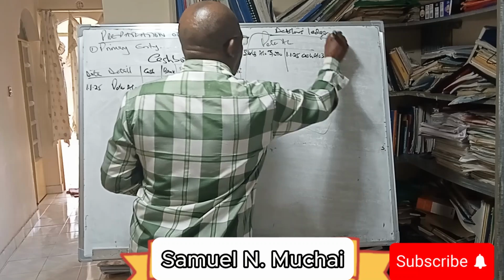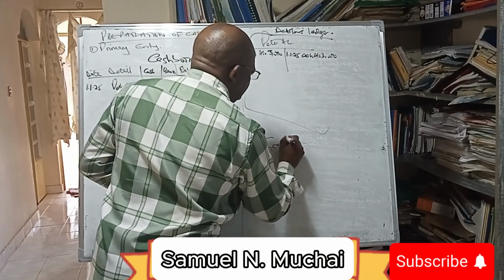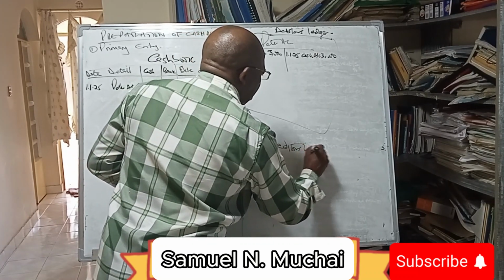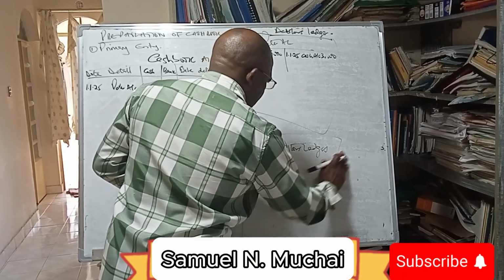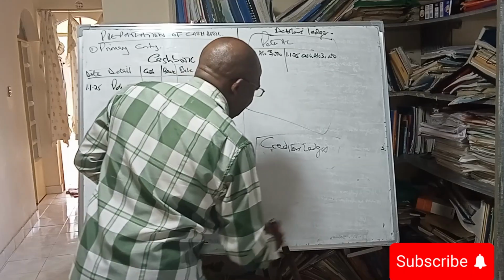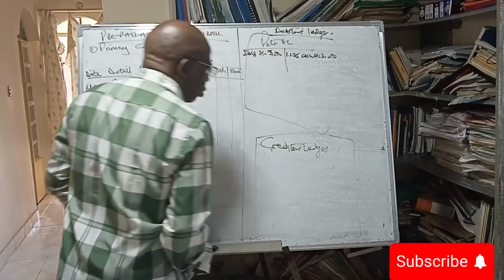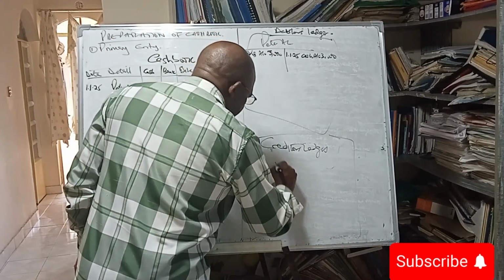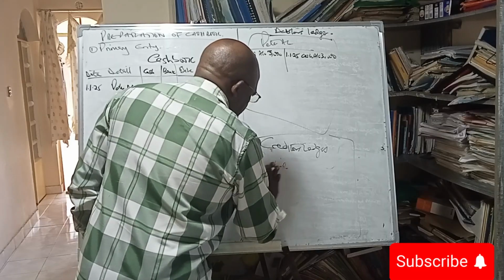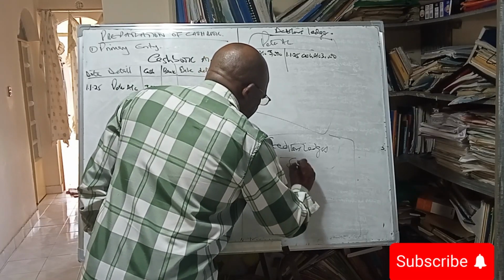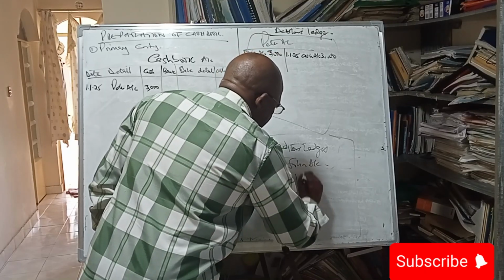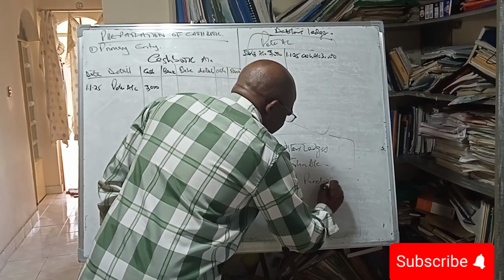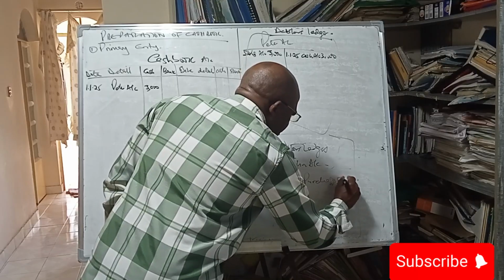Now, if we have a creditors ledger, and we have a supplier who supplied goods to us, call him John. John is a supplier, and we made purchases worth 5,000.